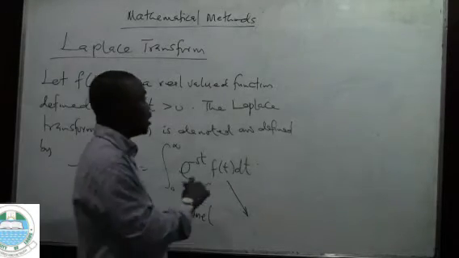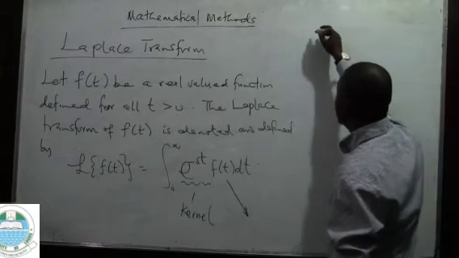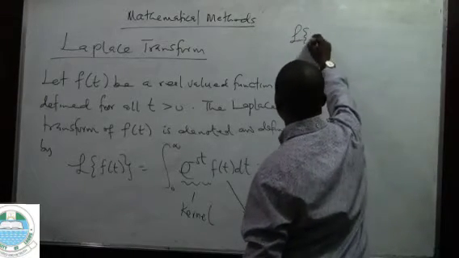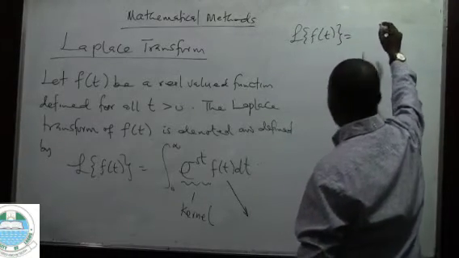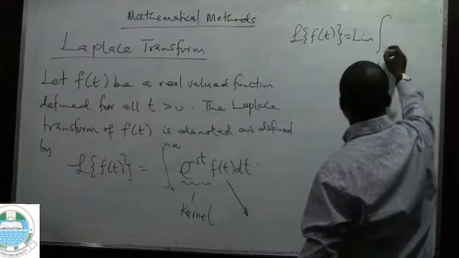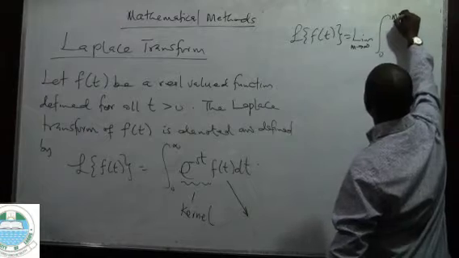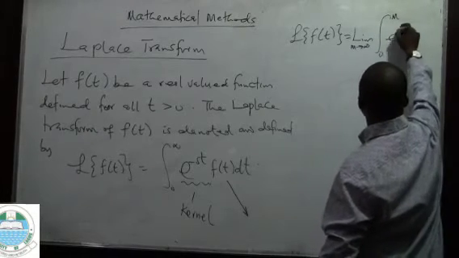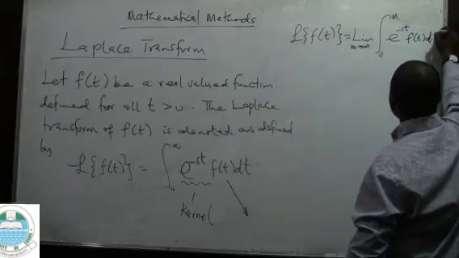From this integral and from the basic knowledge of our real analysis, we can write Laplace of f of t as the limit as m approaches infinity of the integral from 0 to m of e raised to power minus st f of t dt.